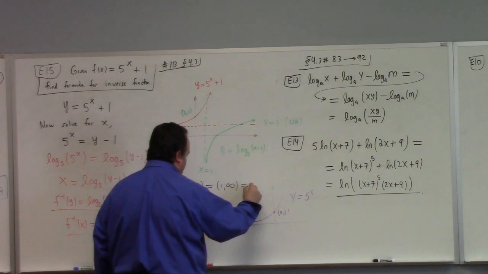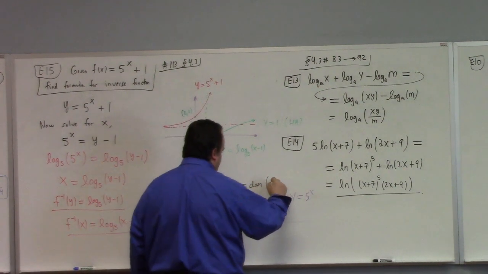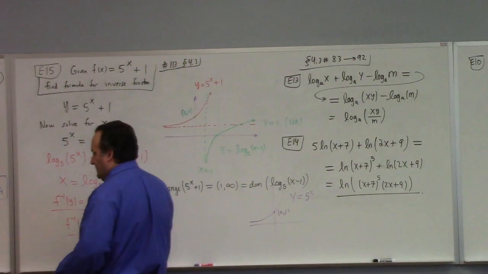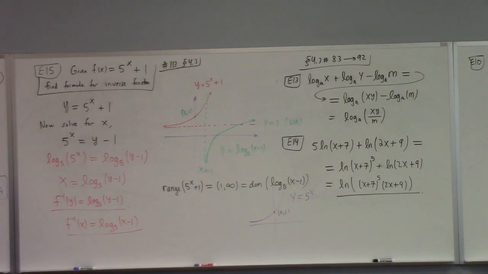What's the domain of log base 5 of x minus 1? The same, right? What's the domain of 5 to the x plus 1? It's everything, right? What's the range of the inverse function? It's also everything, right? So the domain and the range of the function and the inverse function, they're dual. They mirror each other, all right?